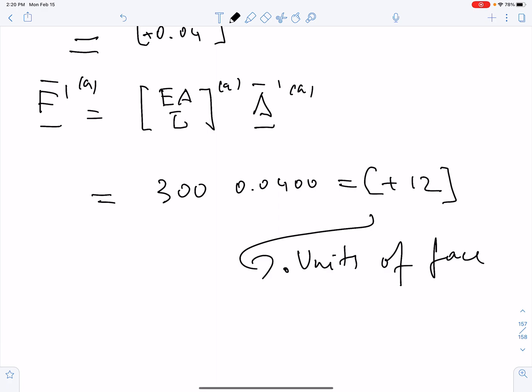And because this is plus, it's tensile. So the element develops tensile force of 12 units of force from this analysis.